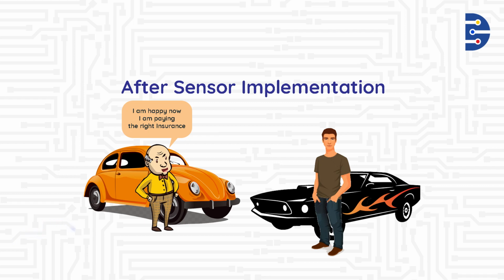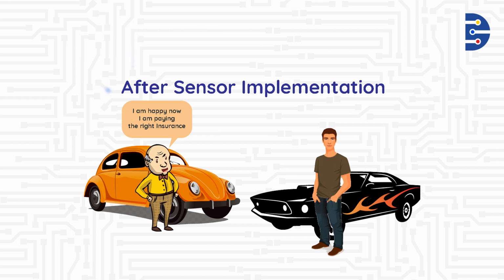So if you have a safe driver, like I am, or I like to think that I'm a safe driver, I will pay a lower insurance premium than maybe somebody who's young, somebody who likes the thrill and drives a little rash. Again, depending upon the driver profile and not on the age or the characteristic of the person, individual motor premiums will be decided. This is a big disruptive transformation for the insurance industry.